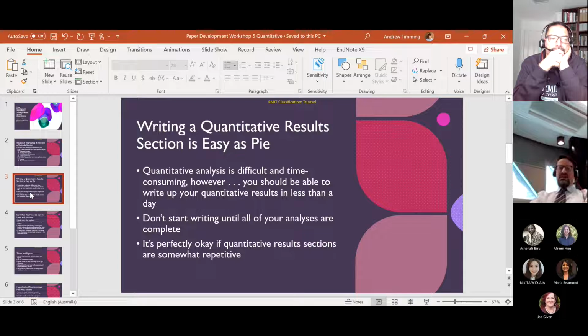Another point is that it's perfectly okay if your results section appears somewhat repetitive. There are only so many different ways you can report quantitative results, and you will find that paper after paper, the reporting is very similar.